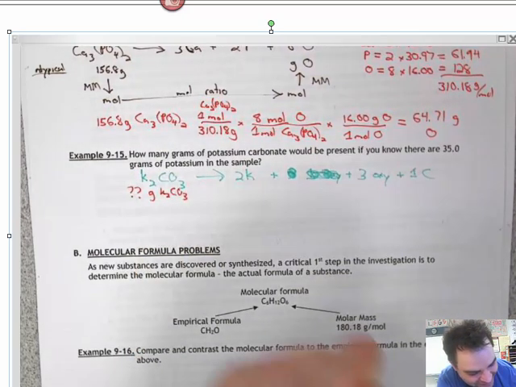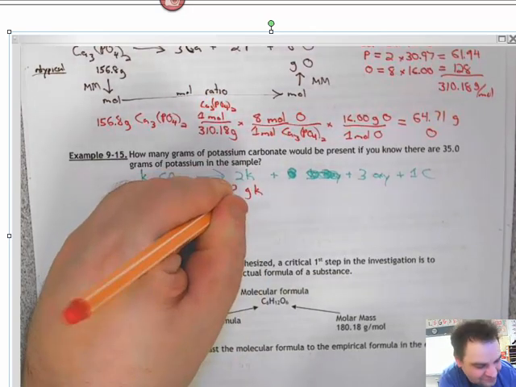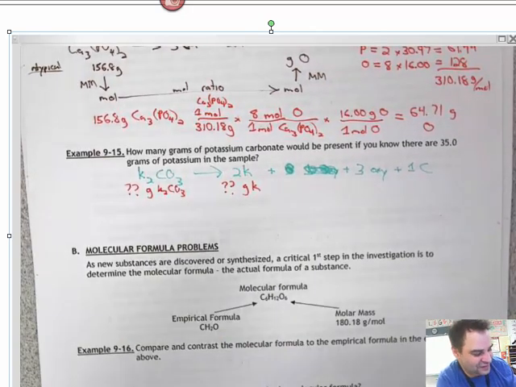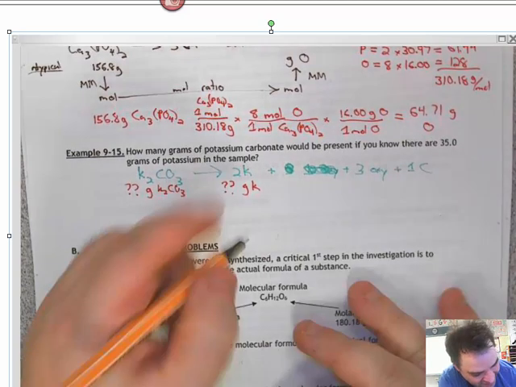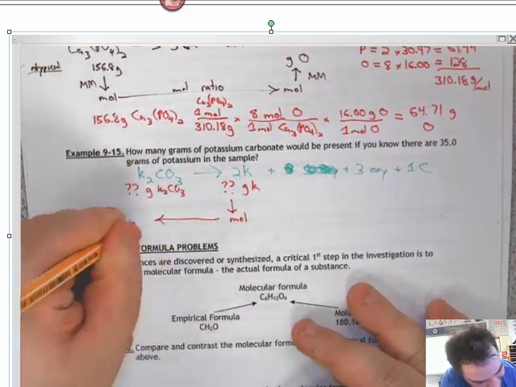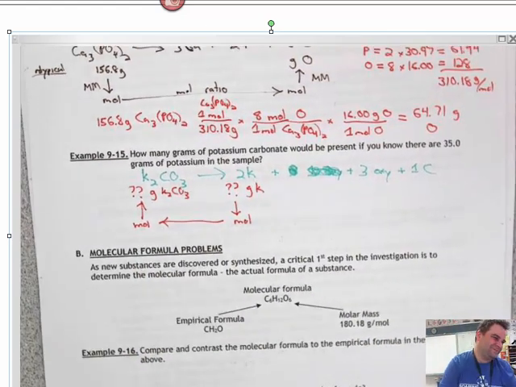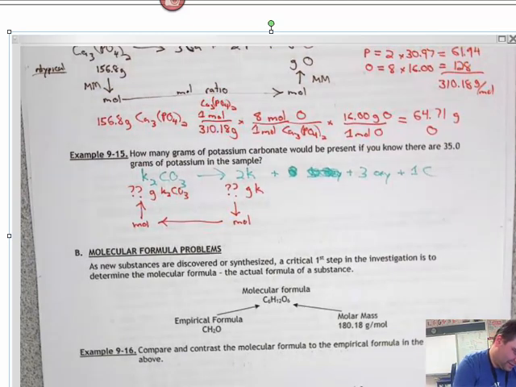We are starting off with the grams of potassium. So this one, we go down the moles, over the moles, and up to grams, correct? Correct, Mr. Harridan. Of course we do.